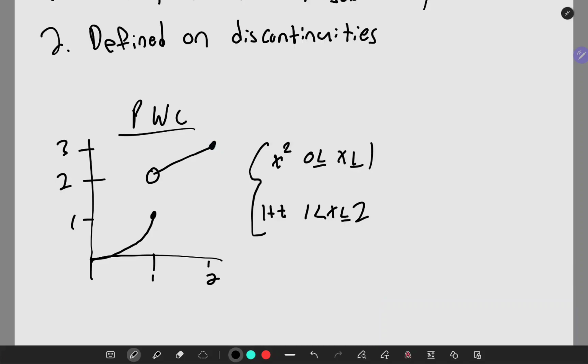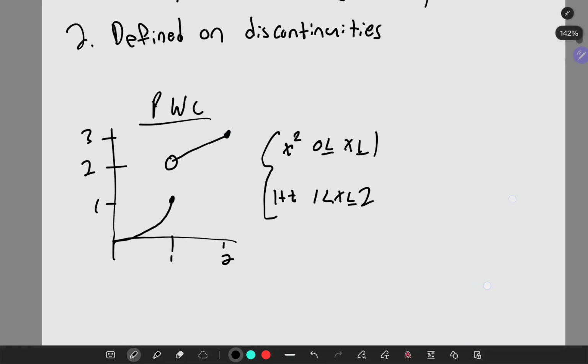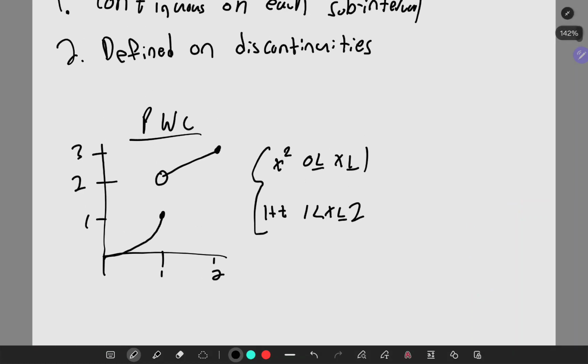From 1 to 2. Is it piecewise continuous? Well, it has to be continuous on each subinterval. Is it continuous from 0 to 1? Yes, it is, right? Is it continuous from 1 to 2? Yes, it is.